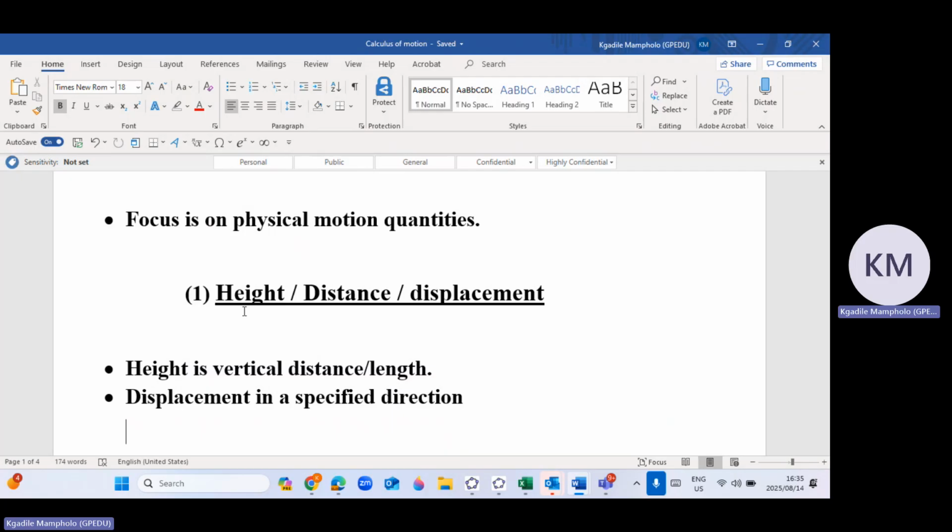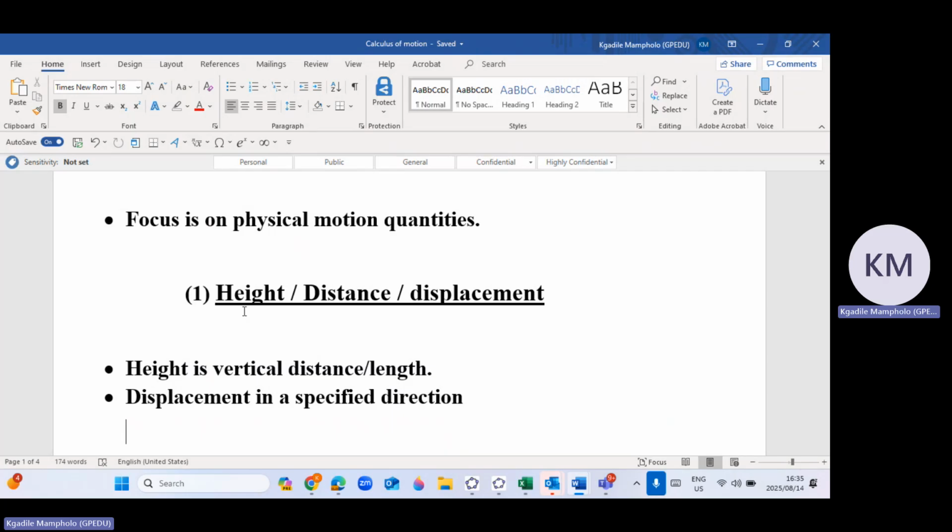Now, displacement is a distance in a specified direction. So displacement is also a distance, but it's a distance in a specified direction. The science learners, I know, don't understand this very well, because they deal with these physical quantities more often.